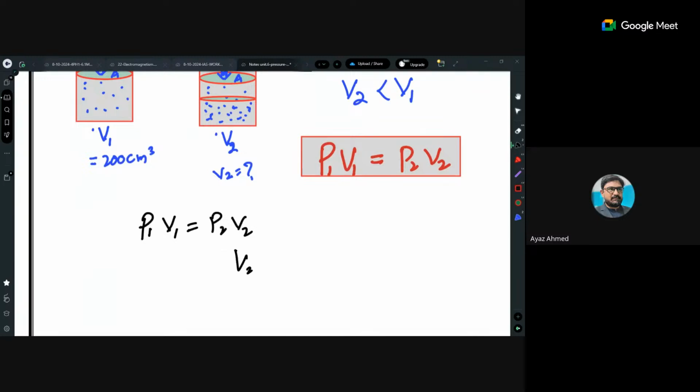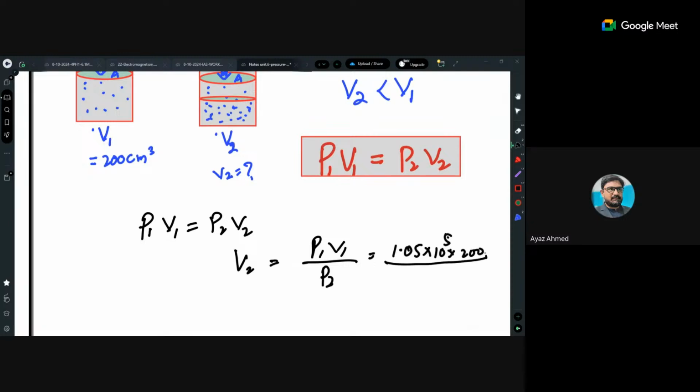Here V2 will be equal to what? P1 V1 divided by, sorry, P2. So just put the values. Your P1 is 1.05 into 10 raised power 5 Pascal. Your volume is 200.